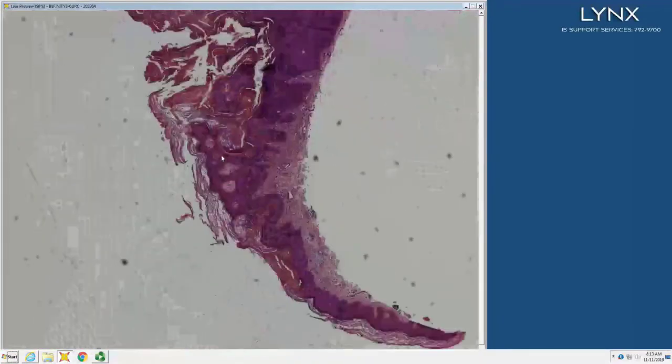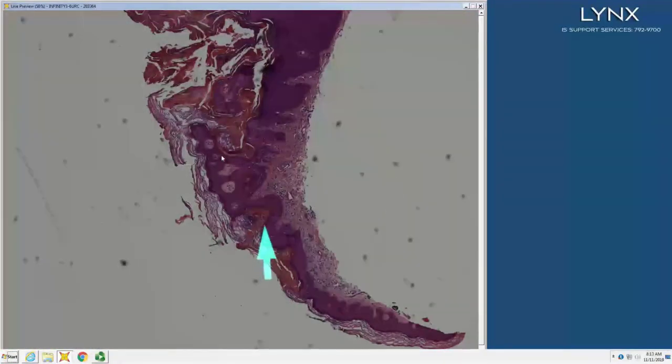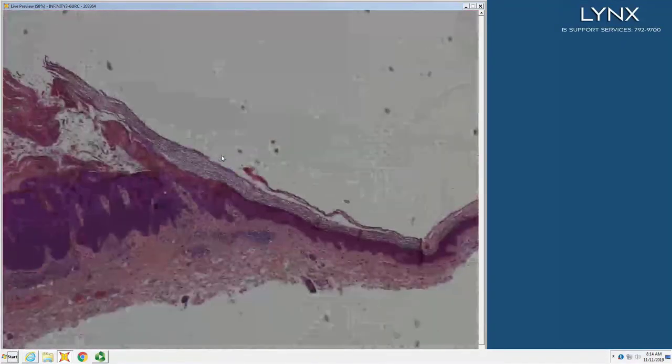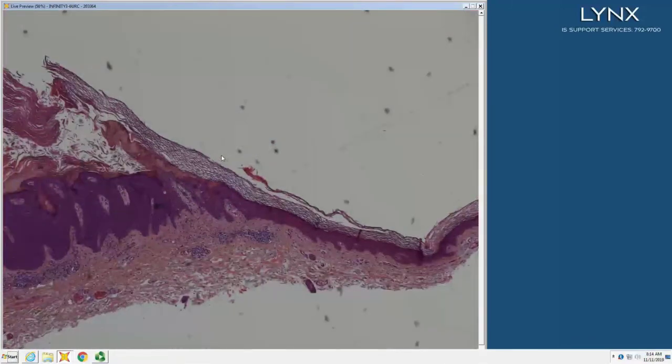Yeah, so it's Bowen's. And what did this Bowen's arise in? I think a wart. See the dyskeratotic cells at the base and the little parakeratotic columns here at the edge, and there's probably one at the other side too. So it's Bowen's arising in a poroma.